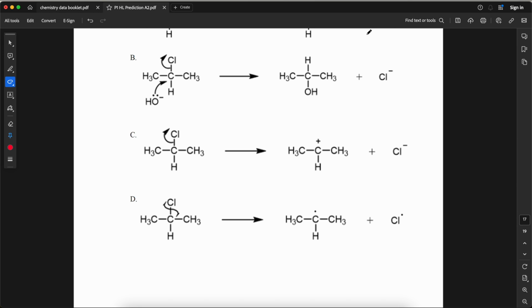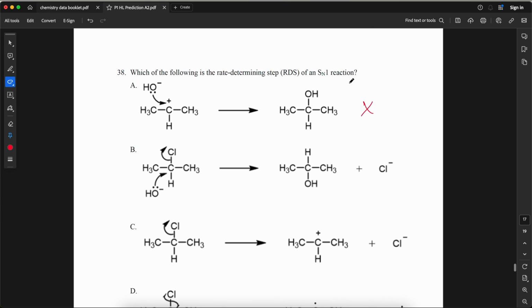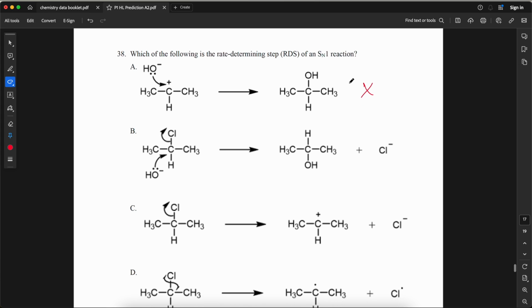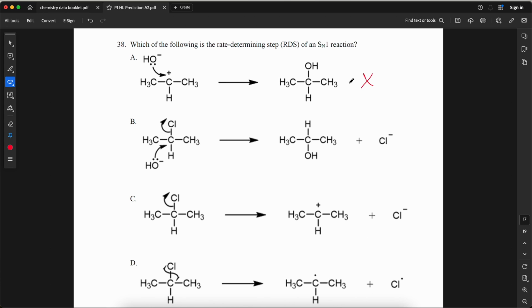The nucleophile is only involved in the fast step after the rate determining step. So the rate determining step of an SN1 reaction shouldn't have any nucleophile involved. So the answer is C, because here, except for this one, it doesn't produce Cl minus but has OH minus, so the answer is C.